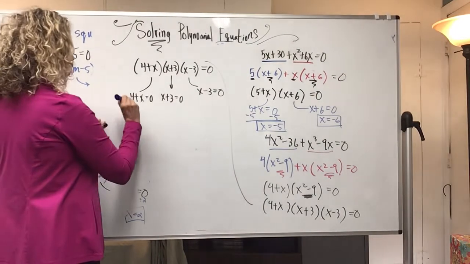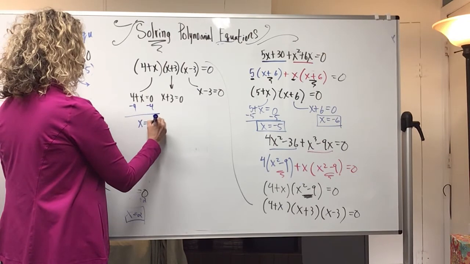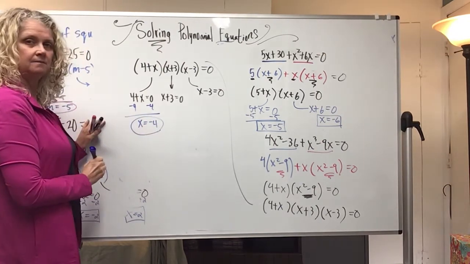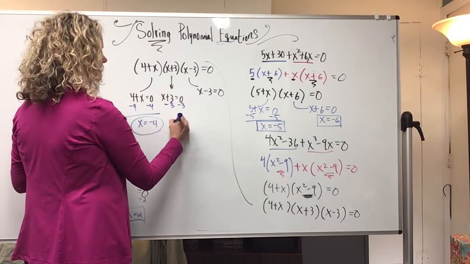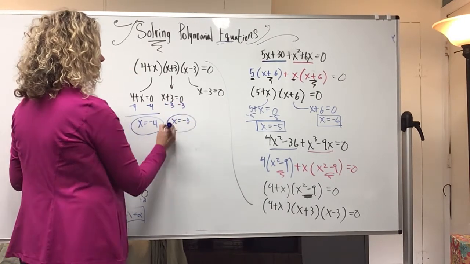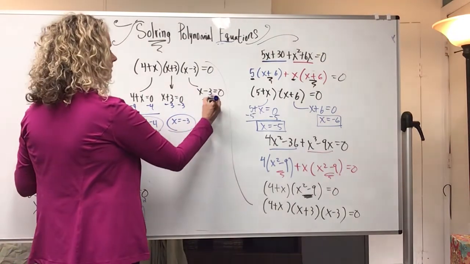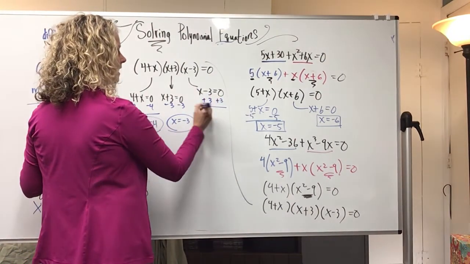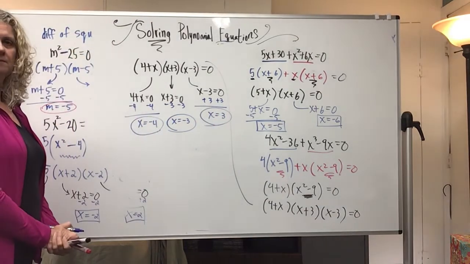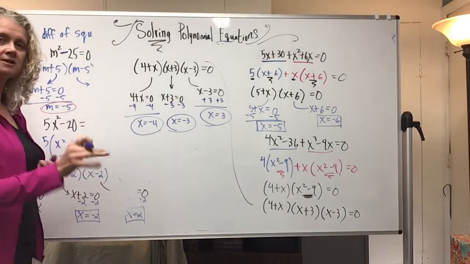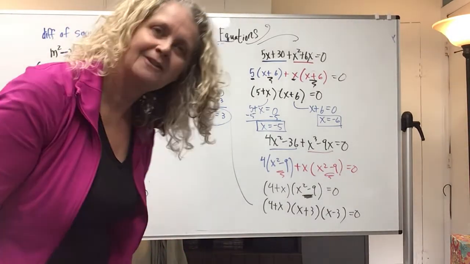We're going to isolate the x by subtracting 4 from both sides. Subtract 3 from both sides. And then here, to get the x isolated, we add 3 to both sides, and we get 3. Now notice in this case, there are 3 solutions. And that is solving polynomial equations.